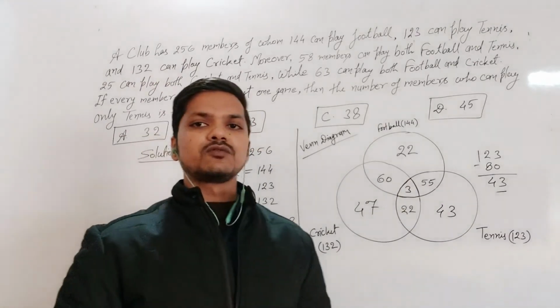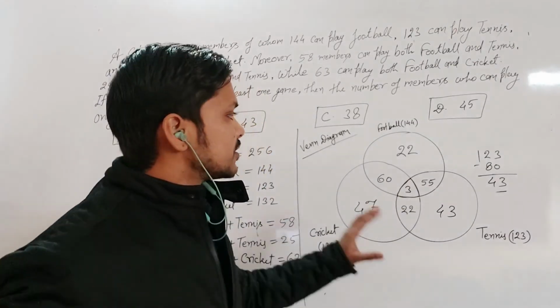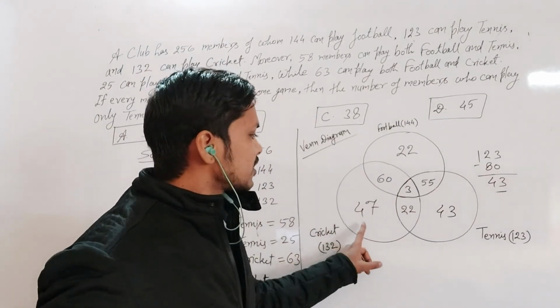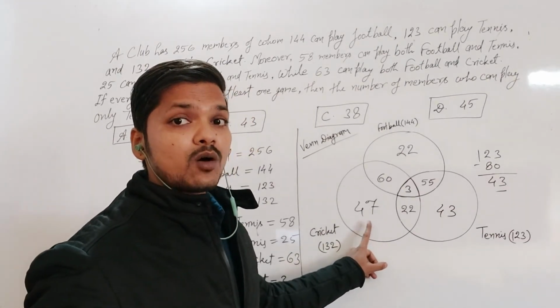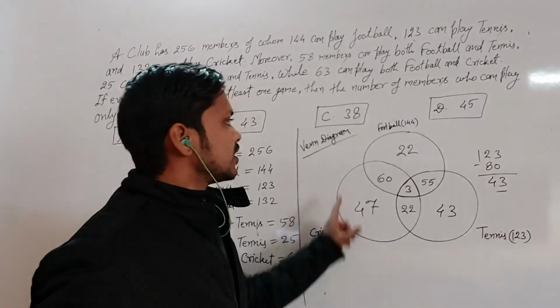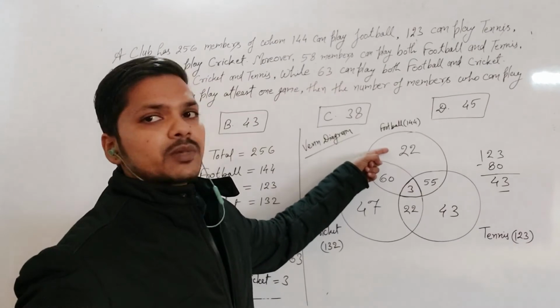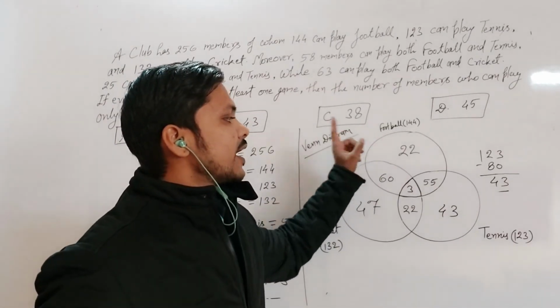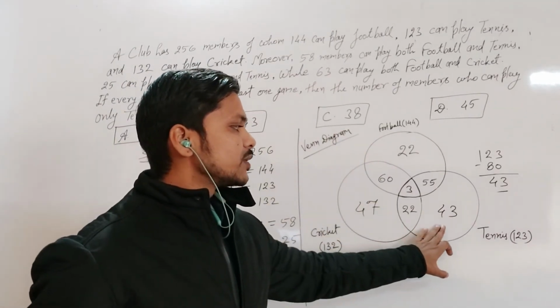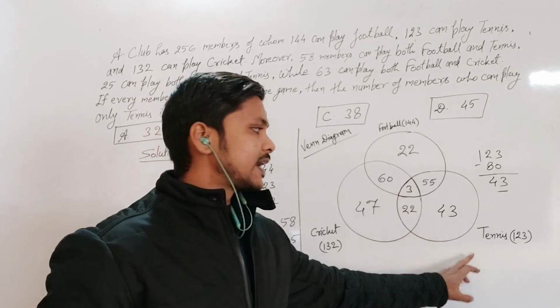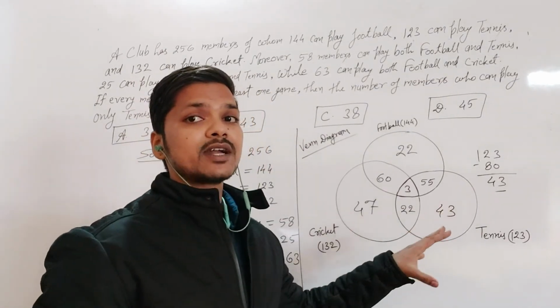Means according to this Venn diagram, we can say that there are total number of 47 players who are playing only cricket game. There are only 22 players who are playing only football game, and there are 43 players who are playing only tennis game according to this Venn diagram.